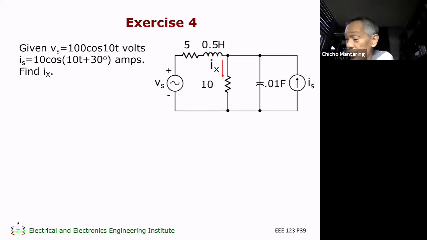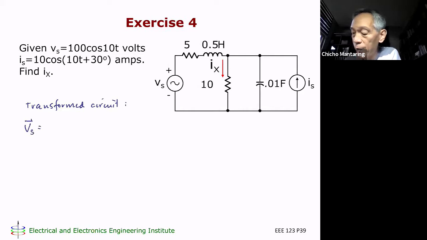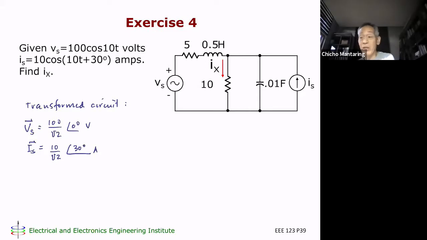Okay, so you have to do your transform circuit. Ano yung transform circuit natin? Ang Vs ko is 100 over the square root of 2 at an angle 0 degrees volts. My Is is equal to 10 over the square root of 2 at an angle of 30 degrees amperes.